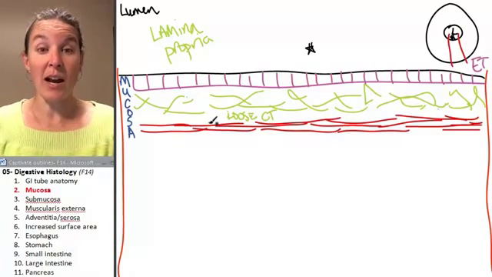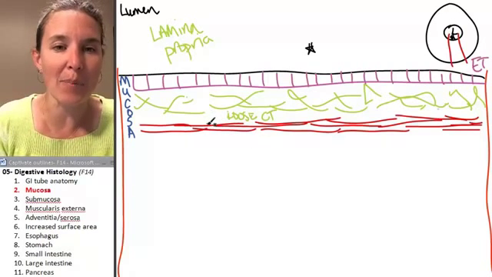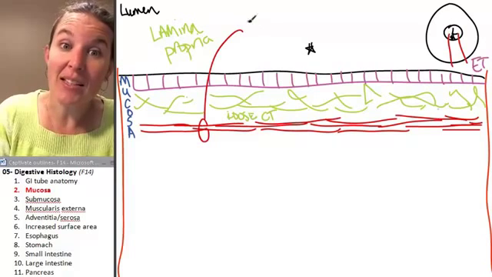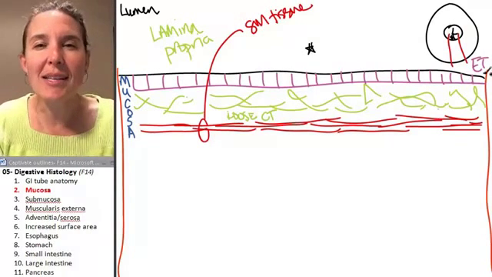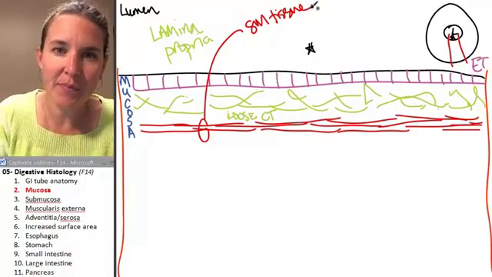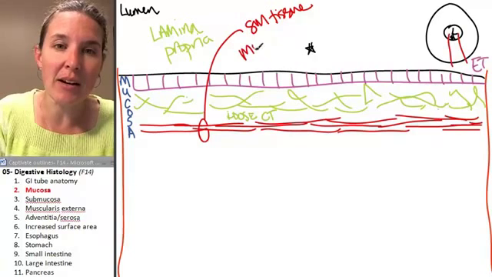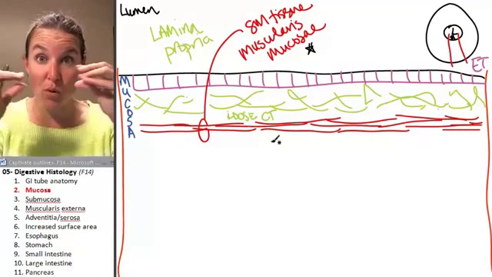But I'm telling you right now, if you can identify smooth muscle in your digestive slides, you are going to be one happy human. What kind of tissue is this? That's smooth muscle tissue. What is the name of the layer? The smooth muscle makes up the muscularis mucosae. The muscularis mucosae is the smooth muscle layer.